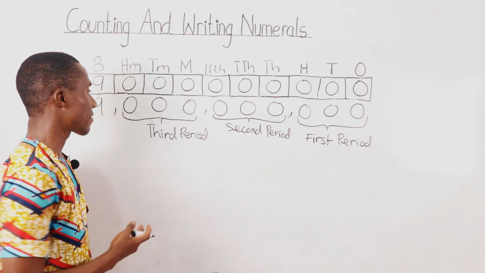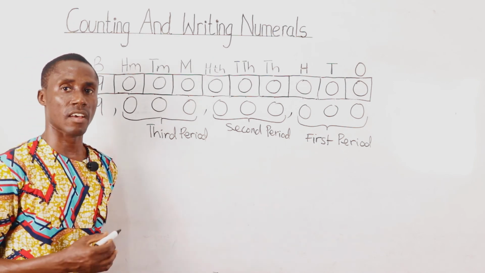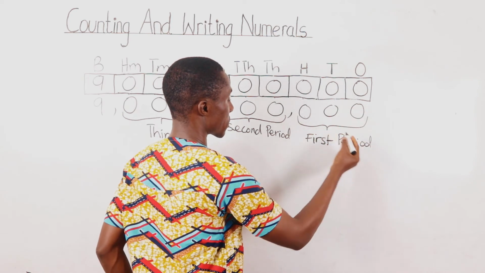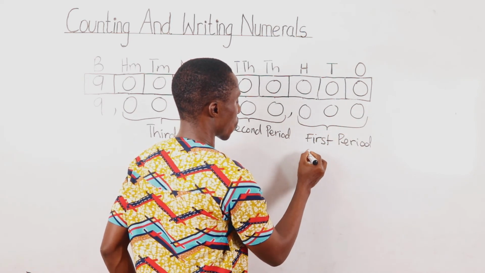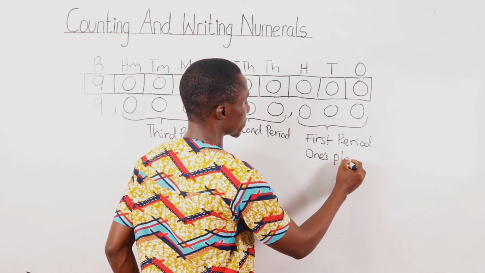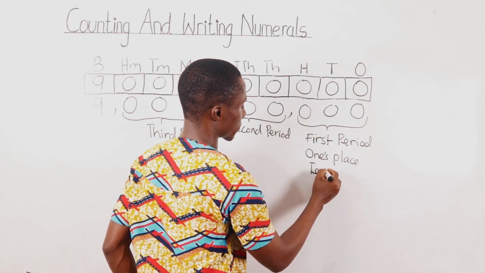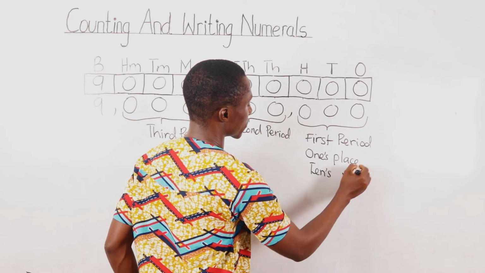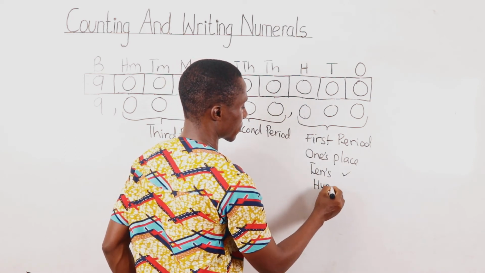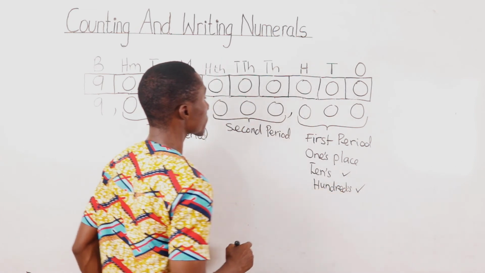Now, if we look at this particular number, 9 billion, as we have, we realize that the first period contains the ones place. It also contains the tens place. And then it also contains the hundreds place.